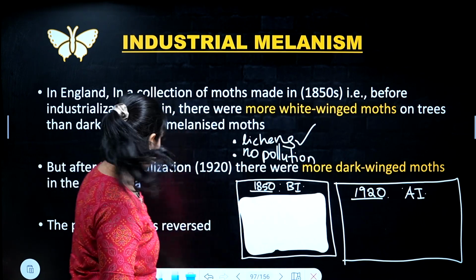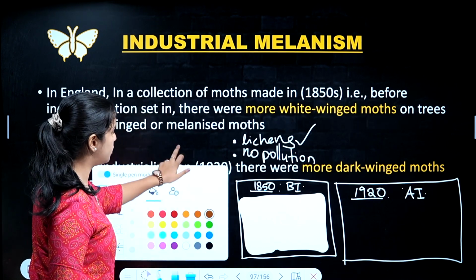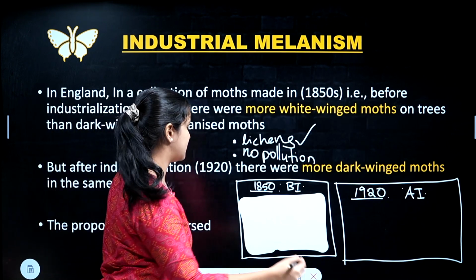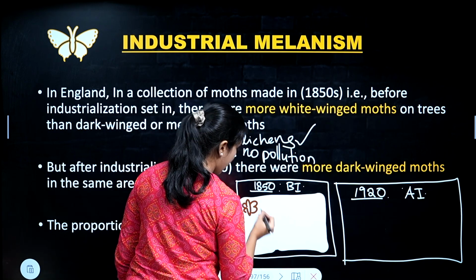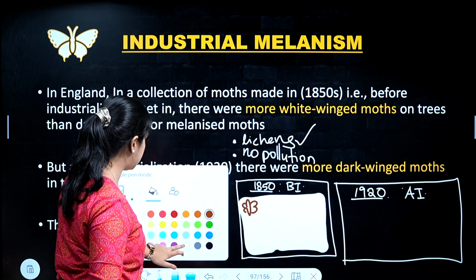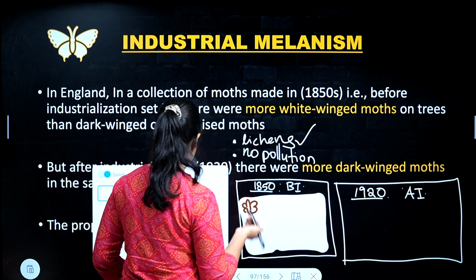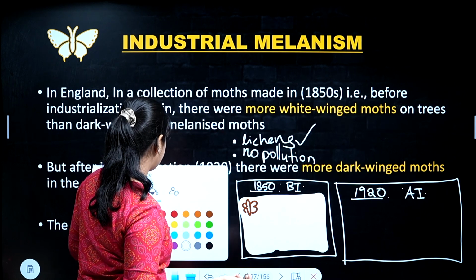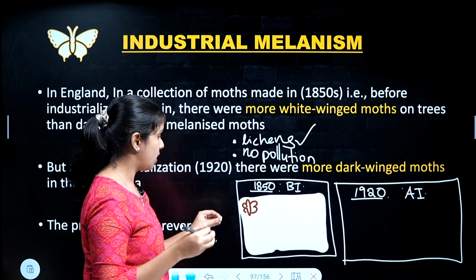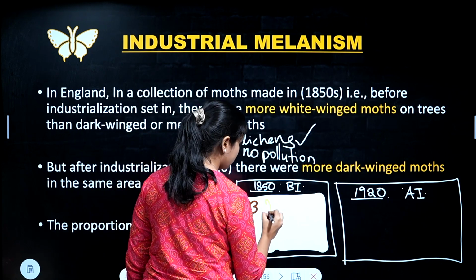Now come the butterflies or the moths. As I already told you, you have two different types of moths. The first one is the dark winged moth, and the second one is the light winged or white winged moth. I'll draw it with a slightly different color so you don't get confused.